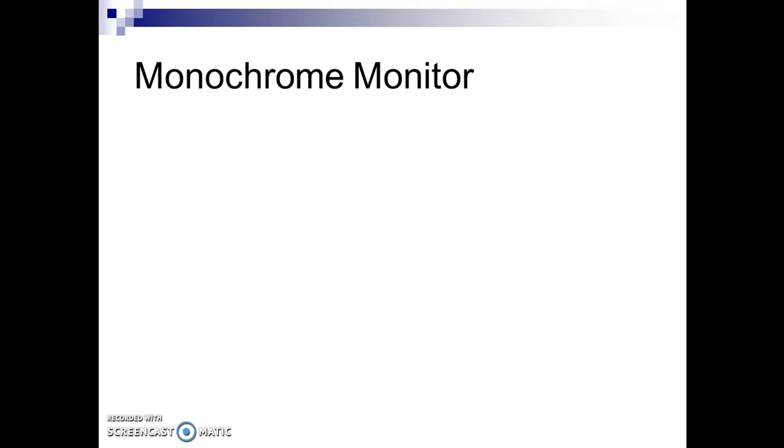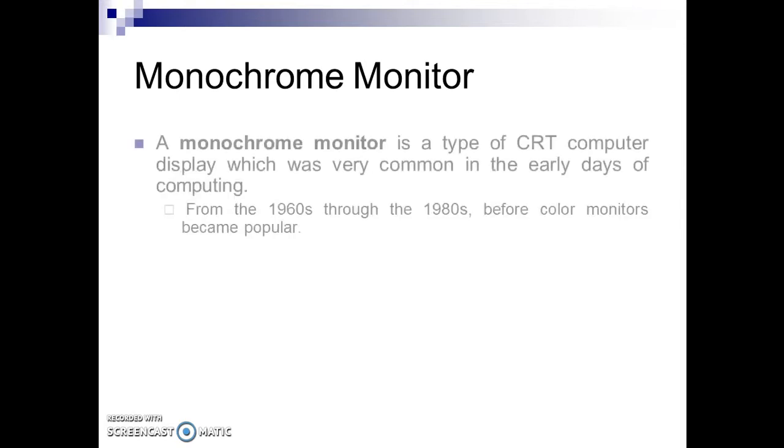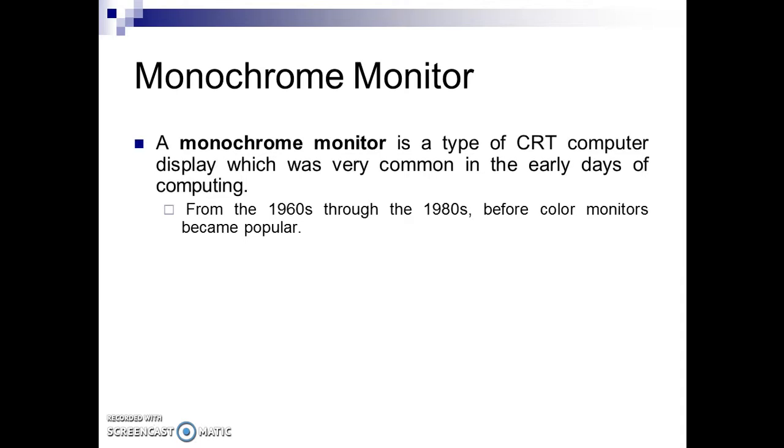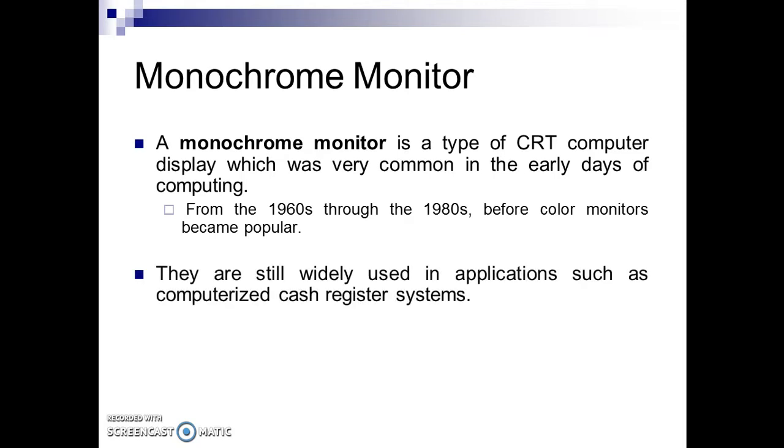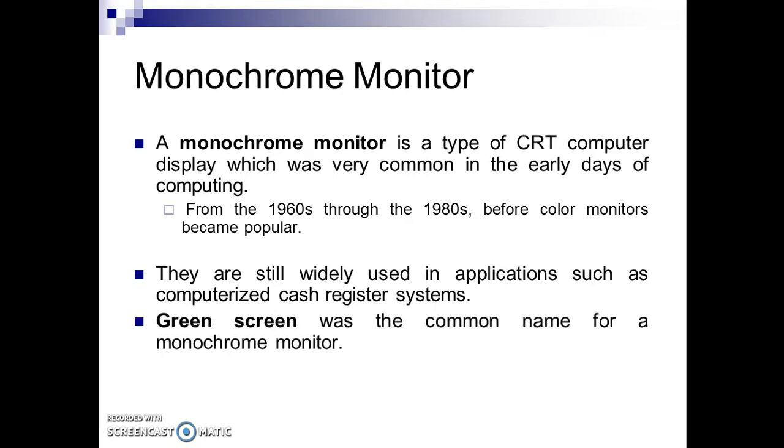Now, the vivid colors that we see today weren't always the state of the art. A monochrome monitor was a very common thing to see, a cathode ray tube display. Through the 60s, 70s, and the 80s, monochrome was the technology that most people saw. And you'll still see them sometimes on cash register systems and other places where you don't need a rich interaction with the system itself.